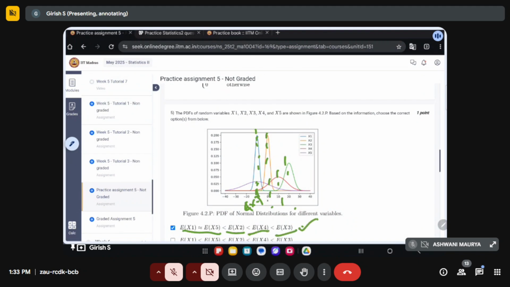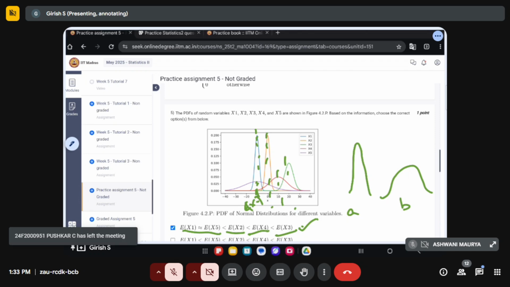And you have to see the variance. Variance refers to spread. If you see this graph, you see which is having more variance. You have to use the same logic over here.